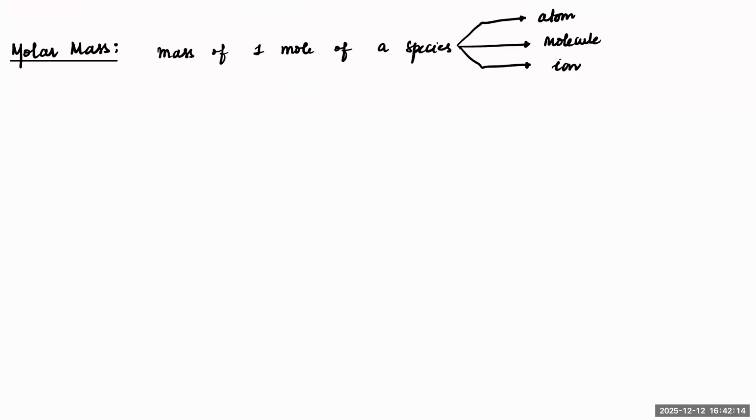Which means if you ask the terms like molar mass of electron, suppose if I ask you what is molar mass of electron, right? So it is simply mass of electron multiplied by Avogadro's number. That's it, because you are doing it for 1 mole. All right.